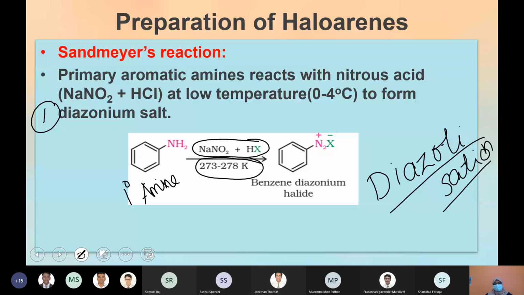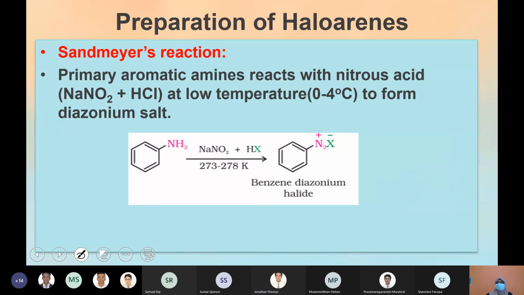Sandmeyer's reaction is in two steps. What does it mean by primary amine? Primary, secondary, tertiary, everywhere, whether it's an amine or any compound, it's the same meaning. Amine is an organic compound containing the NH2 functional group. So a benzene ring with an NH2 functional group is an amine.